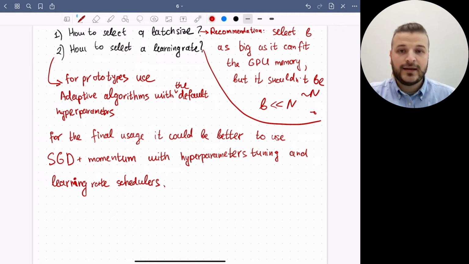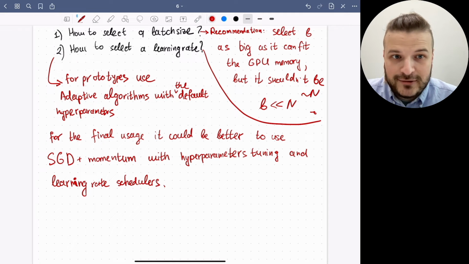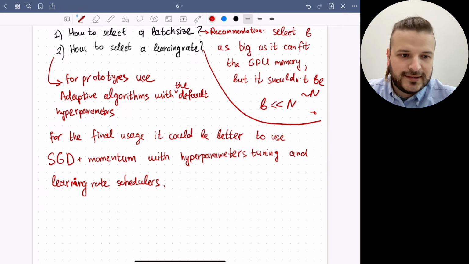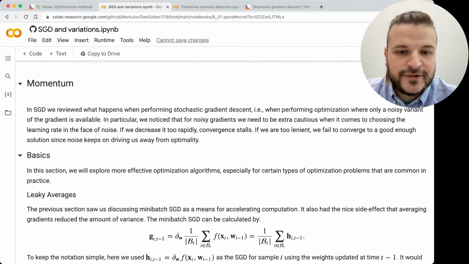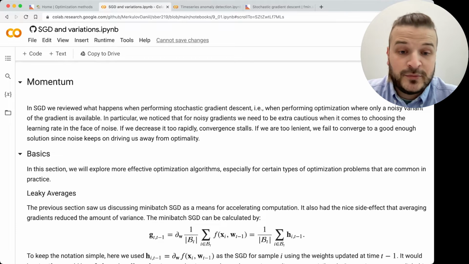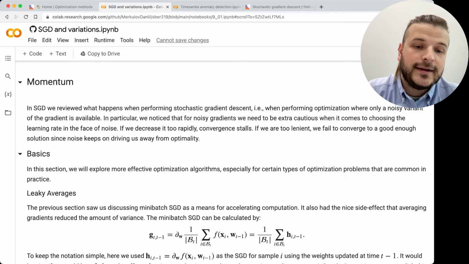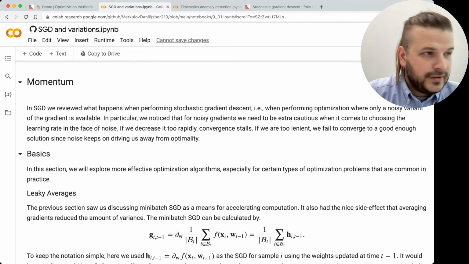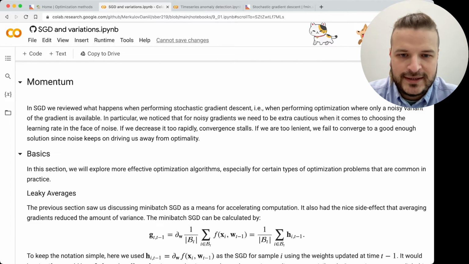That's it. So what about adaptive algorithms and momentum? Let's talk about it a little bit. Momentum is a very important concept in numerical optimization because it's almost a free lunch. So you'll probably always have to use a momentum idea.